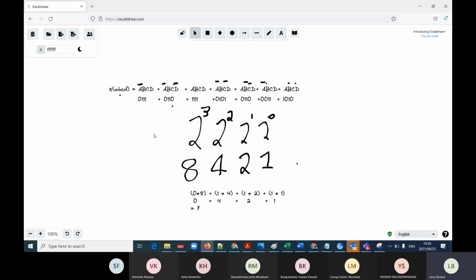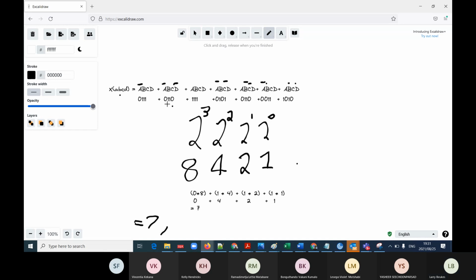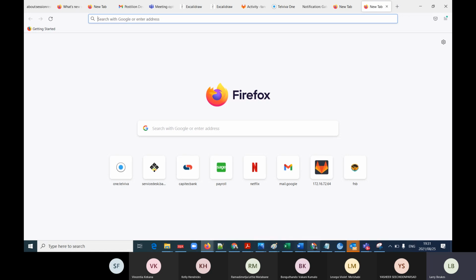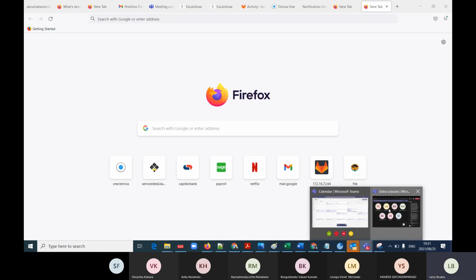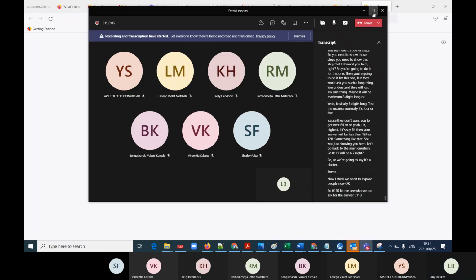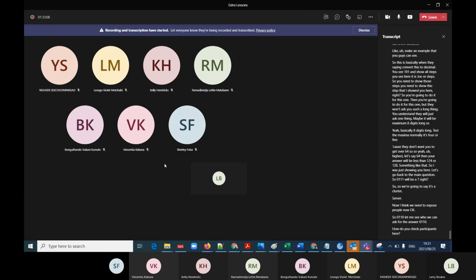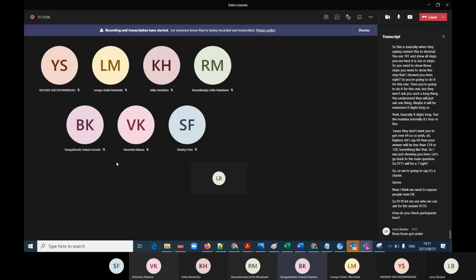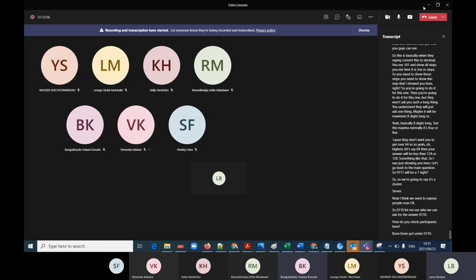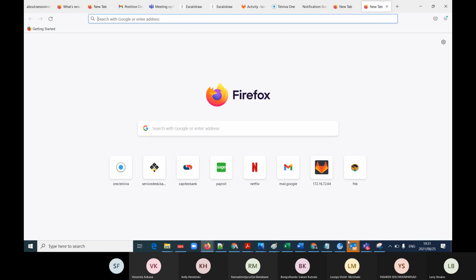So 0, 1, 1, 1 will be a 7, right? So it's equal to 7. Now I think we need to expose people. Okay, 0, 1, 1, 0. Let me see who we can ask for the answer. How do you check participants here? Bongu Tando, 0, 1, 1, 0. Can I say the question again, please? Oh, it's 6.